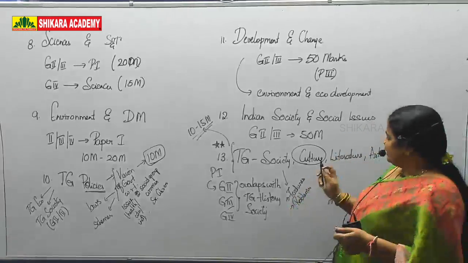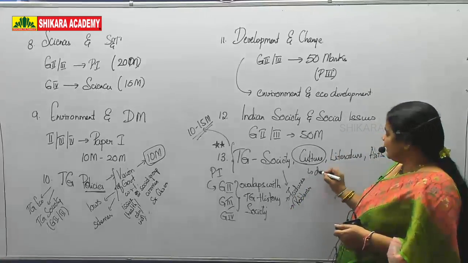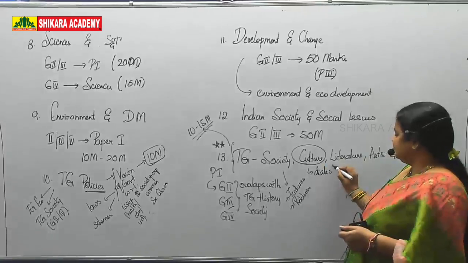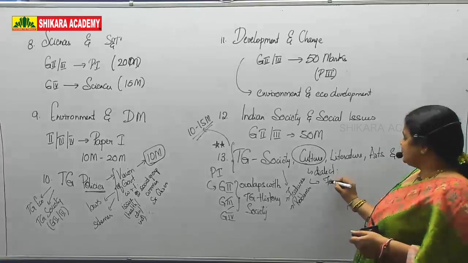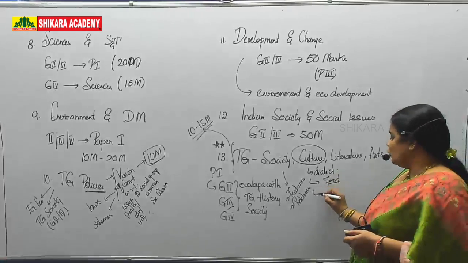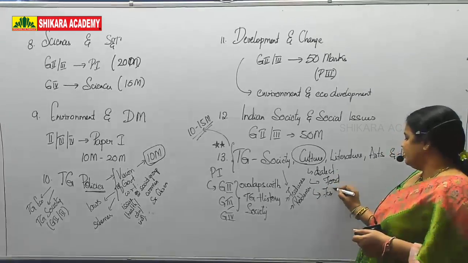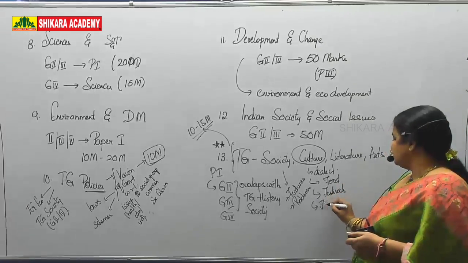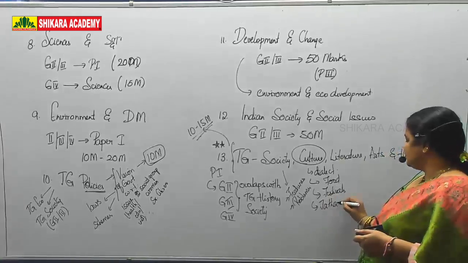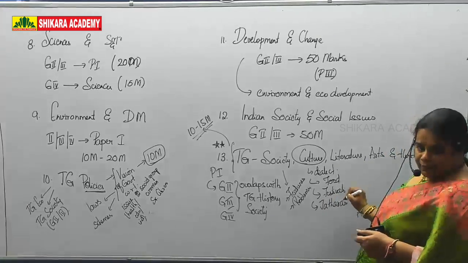Your culture will include your dialect. What is dialect? This language that you speak. The food habits that we have. Okay. It also includes your festivals. It includes the very famous Jataras of Telangana.